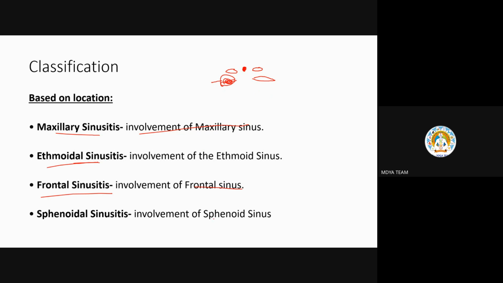If the sphenoid sinuses are involved, that is sphenoidal sinusitis, behind the eyes. There is a butterfly-shaped bone, the sphenoid. So depending on which pair of sinuses is inflamed, we can classify them. Hopefully it is very easy.